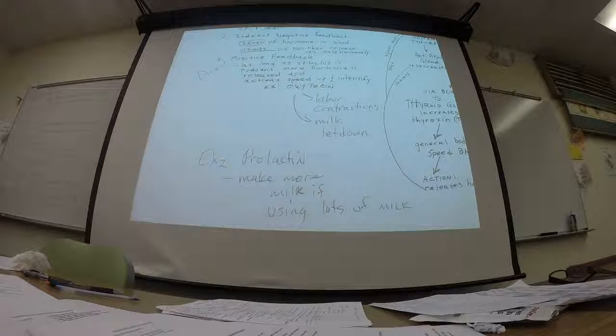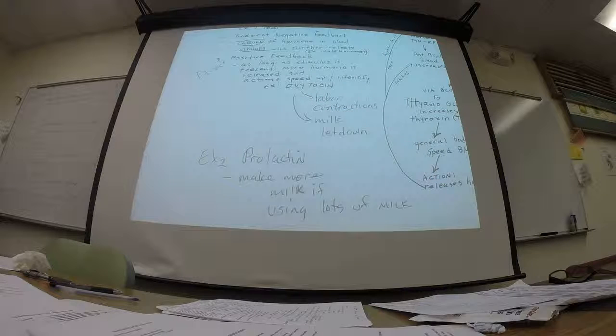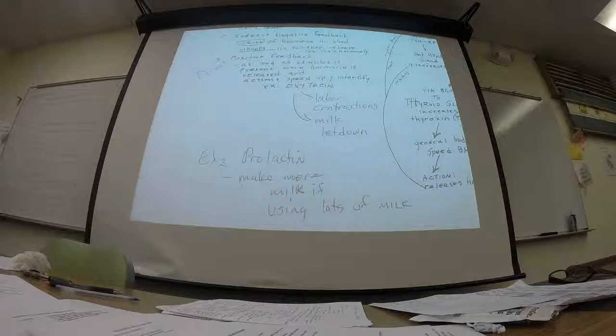Okay. I do not know of any indirect positive hormone pathways. Never heard of one. And think about it, it wouldn't be very likely. Indirect pathways mean, and if it's positive, you're going to always secrete more and more and more hormone.